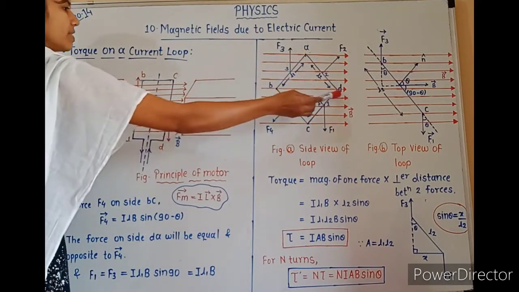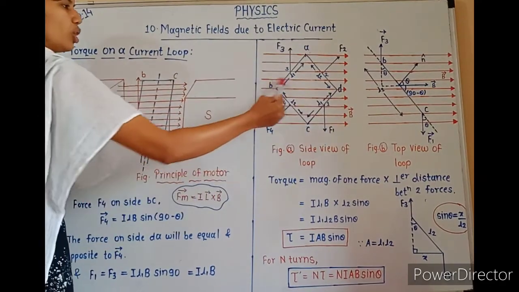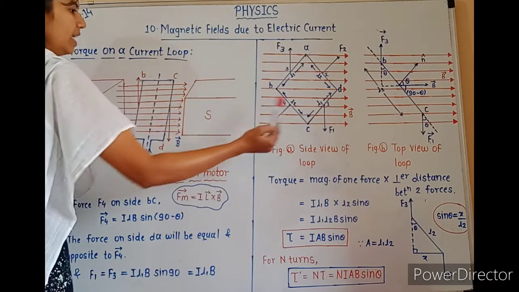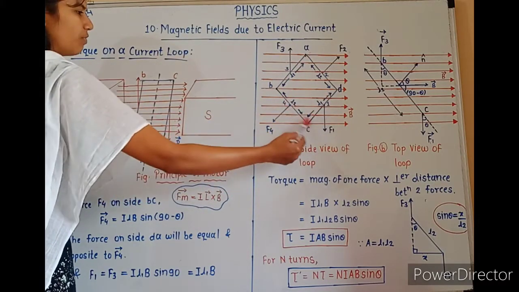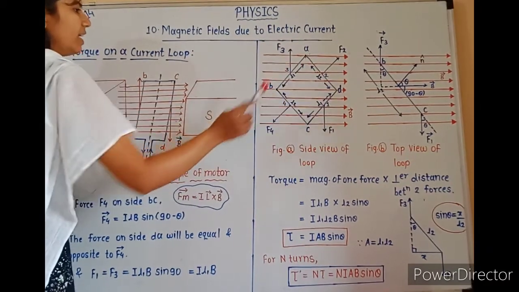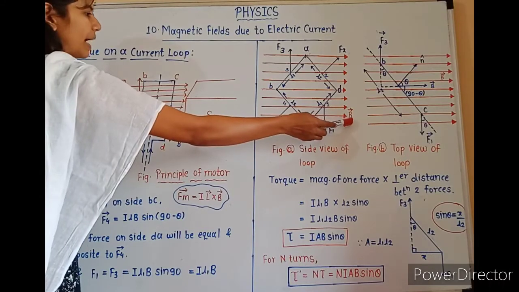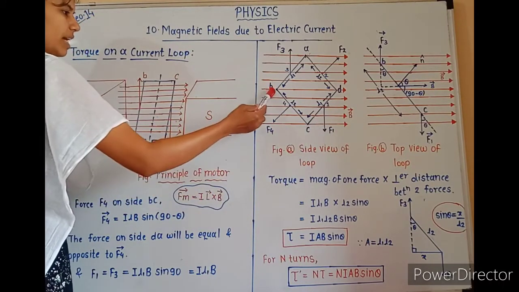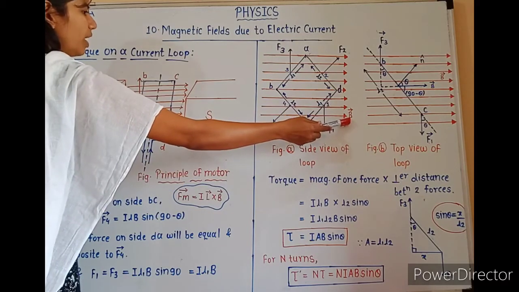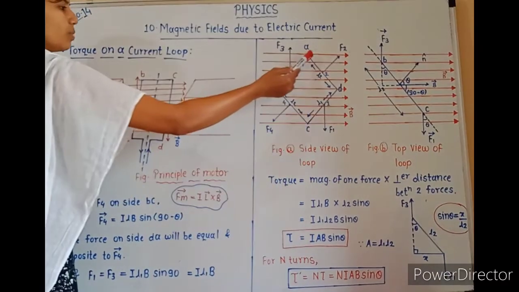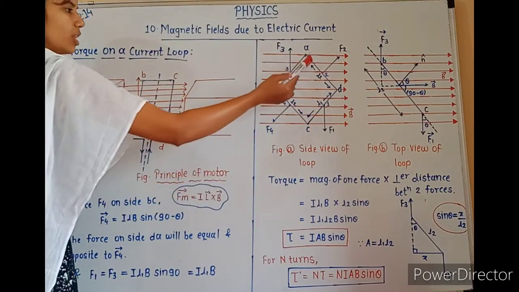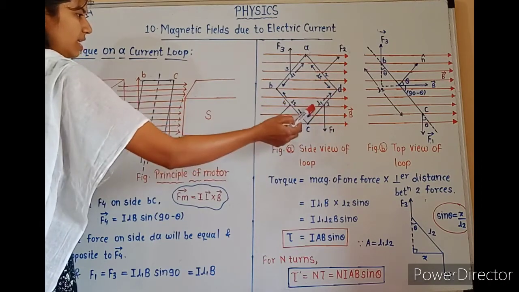Side AB and side DC are perpendicular to this magnetic field B bar, whereas side BC and side AD are not perpendicular to this magnetic field B bar. Now the length of side AB and side DC is L1.